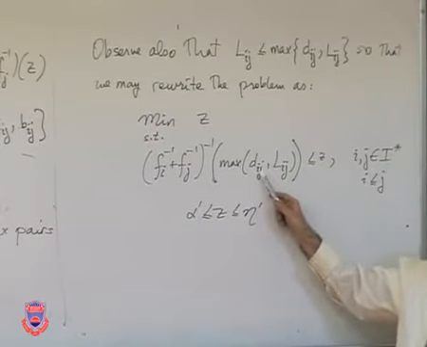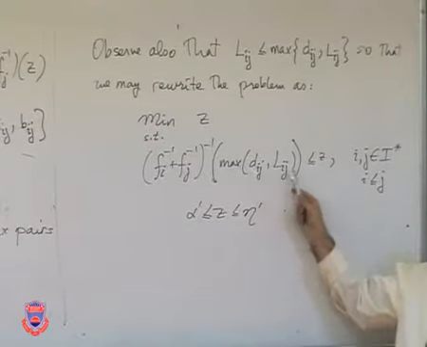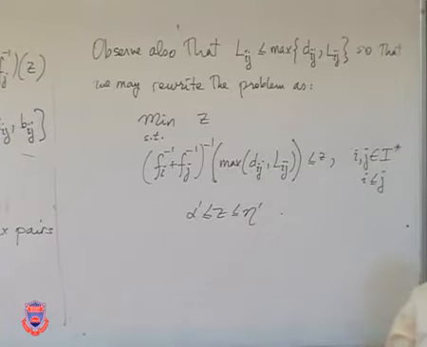Whenever Dij is the maximum, then it's non-redundant, but then it's well defined. Okay? So everything is well defined.